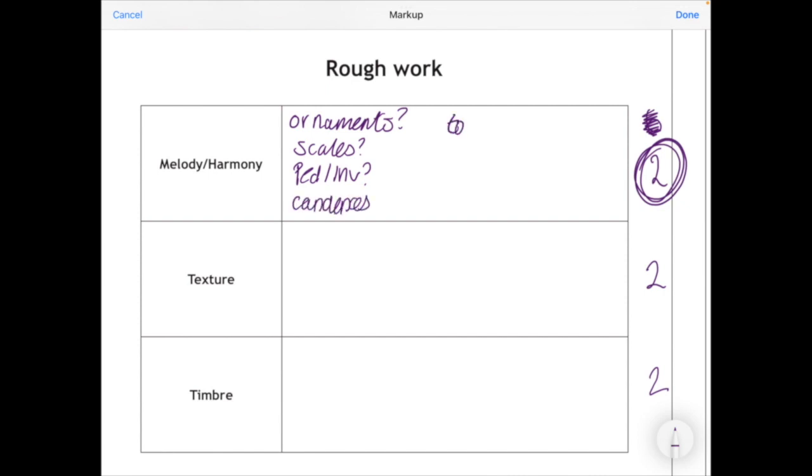What is the tonality of the piece? That means, is it minor? Is it major? Is it modal? Is it atonal? Is there anything particular about the melody? Like, is there an additional counter melody?